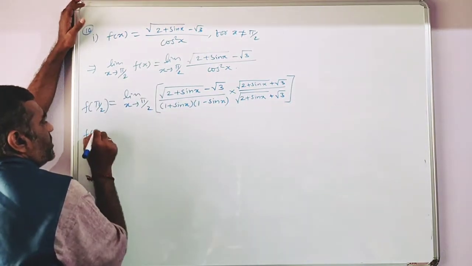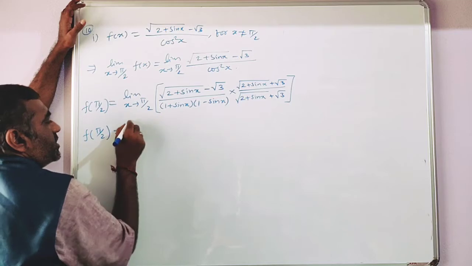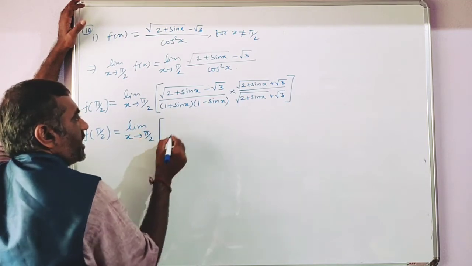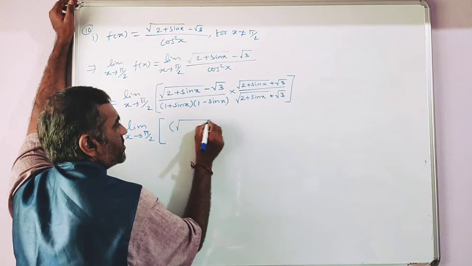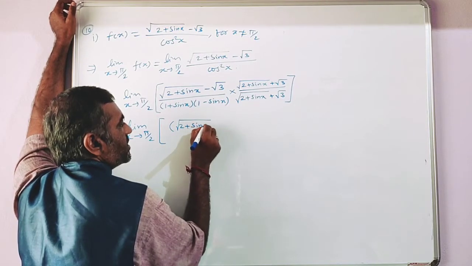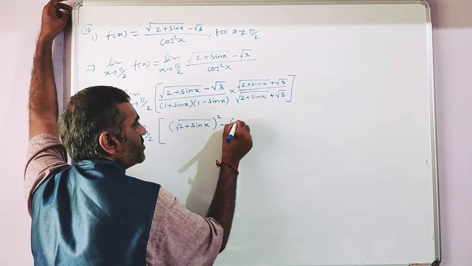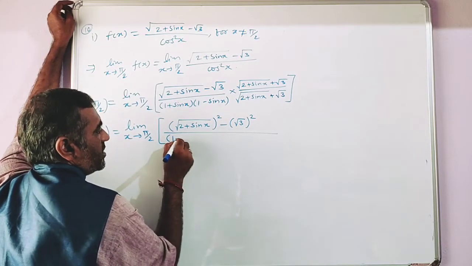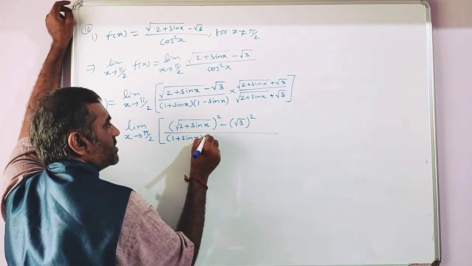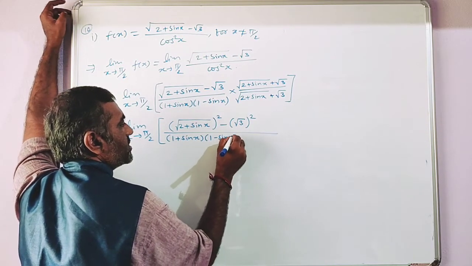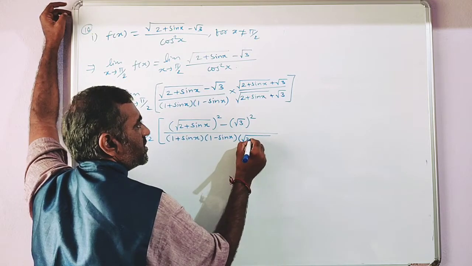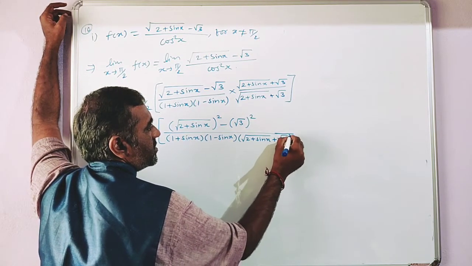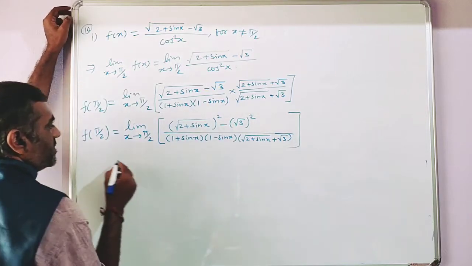Now f of pi by 2 is equal to limit as x tends to pi by 2 of, in bracket, this will be (square root of 2 plus sin x) whole bracket square minus (root 3) whole bracket square, whole divided by (1 plus sin x)(1 minus sin x)(root 2 plus sin x plus root 3), bracket complete.